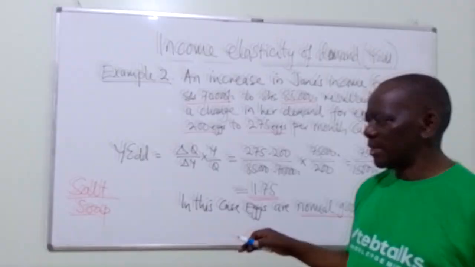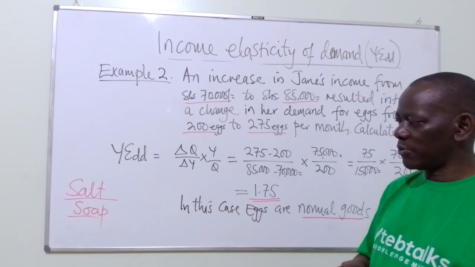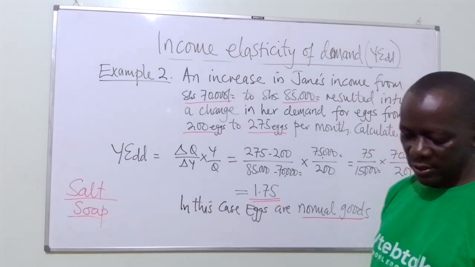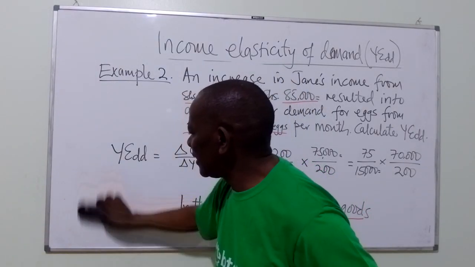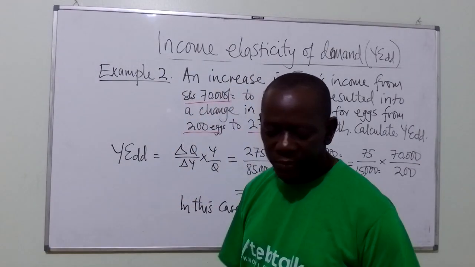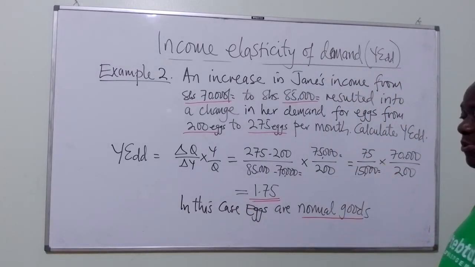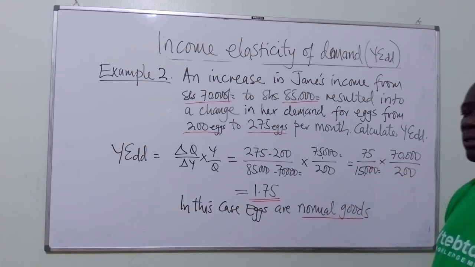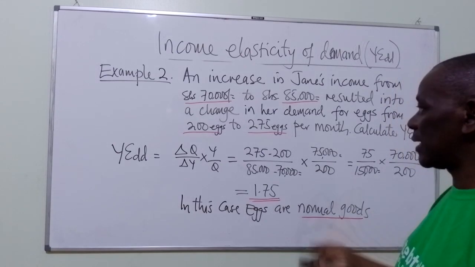There is no way you can increase consumption to show people that your income has increased. Because of that, we say the responsiveness here is 0. Even if you don't calculate, you have at least known that the income elasticity of demand for salt and soap, which are necessities, is 0. It does not respond to changes in income.